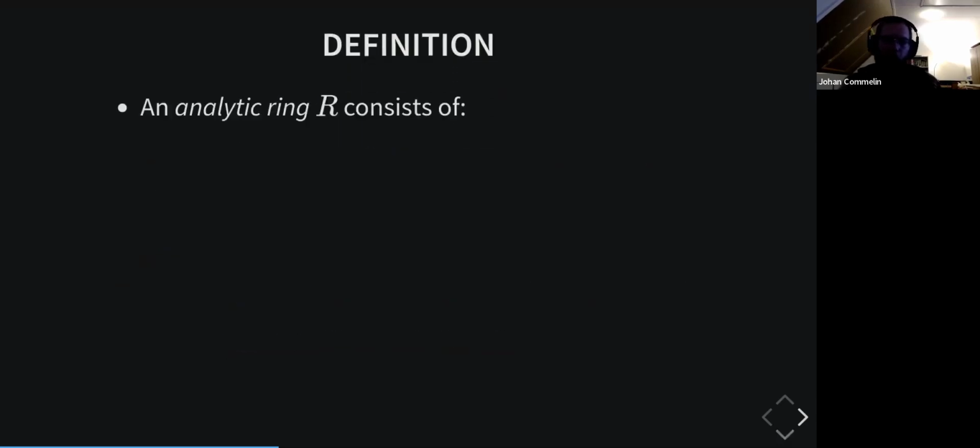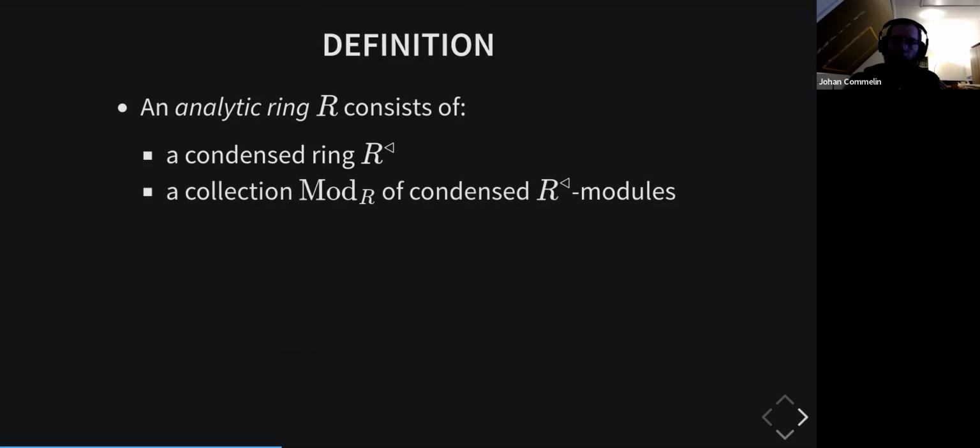So the definition is that an analytic ring consists of a condensed ring, R triangle, and then inside the category of R triangle modules, there will be a subcollection of R modules. So there's really this important distinction between R triangle and R. As a ring, they're the same, but the way they differ is what is considered a module over the ring.